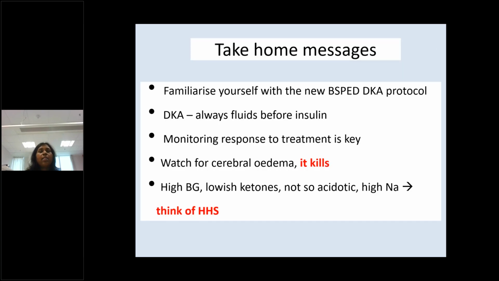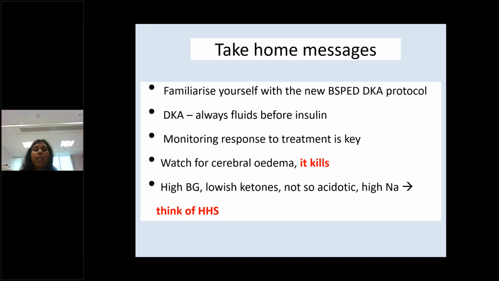So the take-home message is the new BSPED DKA protocol is absolutely fantastic, and it goes through everything, not just the flow chart, but all the possible mechanisms and the pathophysiology and everything. So it's a very good learning tool for us to understand DKA management. And always we have to remember to give fluids before insulin, and monitoring the response to the treatment is the key.